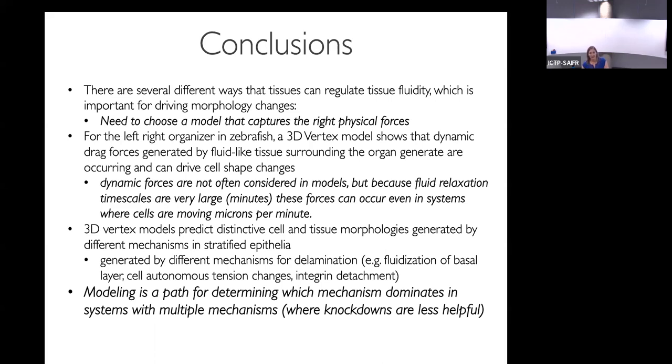In 3D it's less clear, because in 2D you always divide in the plane, and so characterizing that is easy. It's very clear that it fluidizes the tissue up to the time scale on which the cell division occurs.